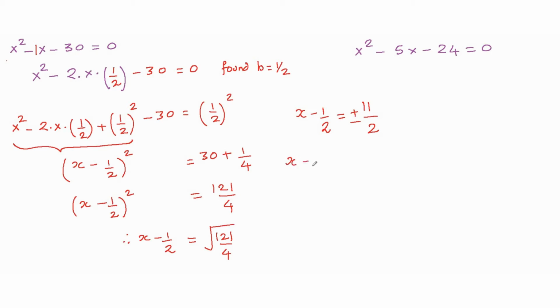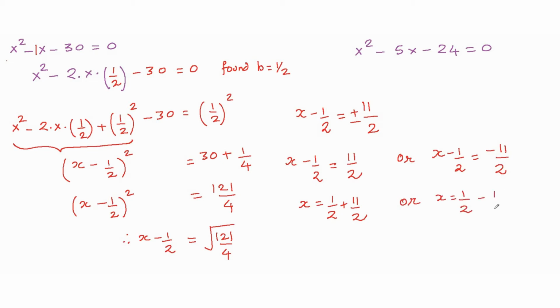This means x minus half is 11 by 2, or x minus half is minus 11 by 2, which means x equals half plus 11 by 2, or x equals half minus 11 by 2. And therefore x is 12 by 2, which is 6, or x is minus 10 by 2 is minus 5, right? So these are the two values of x that I get from this particular quadratic equation.